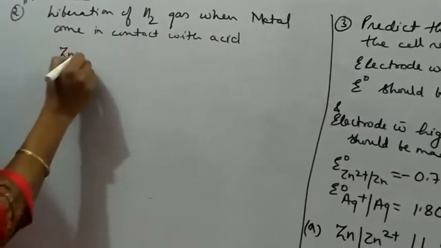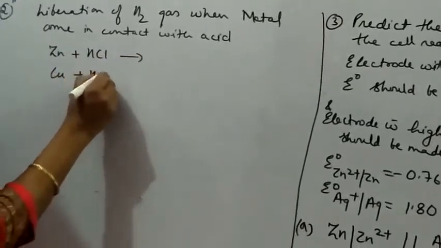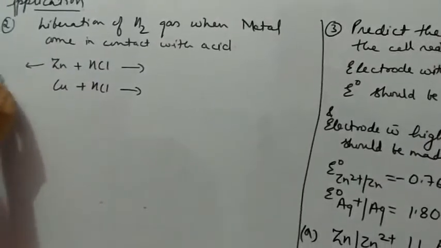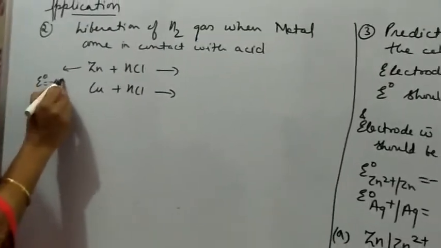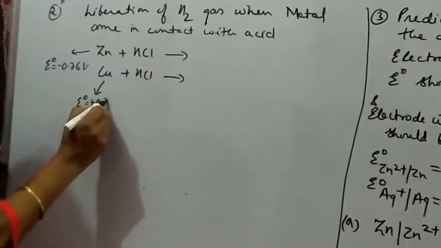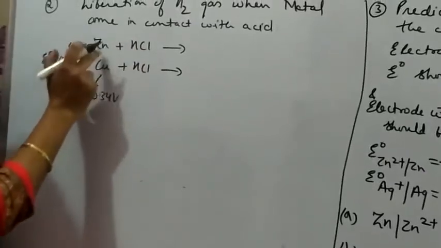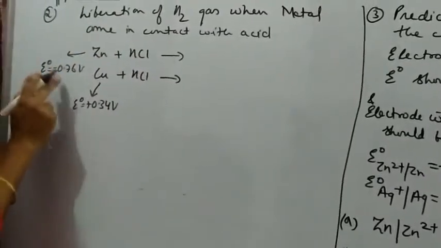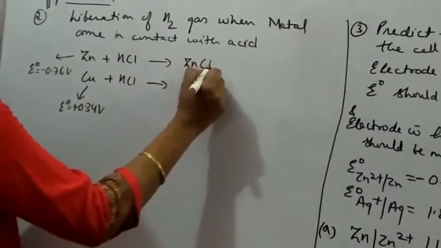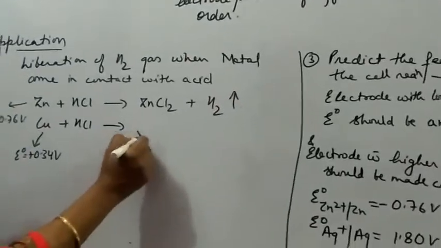Here we have Zn plus HCl in one case and copper plus HCl in another. Both are metals, but the E naught value of zinc is minus 0.76 volt and that of copper is plus 0.34 volt. So among these two, zinc has the lower value of standard electrode potential, so it will be able to liberate the hydrogen gas easily, and copper will not.